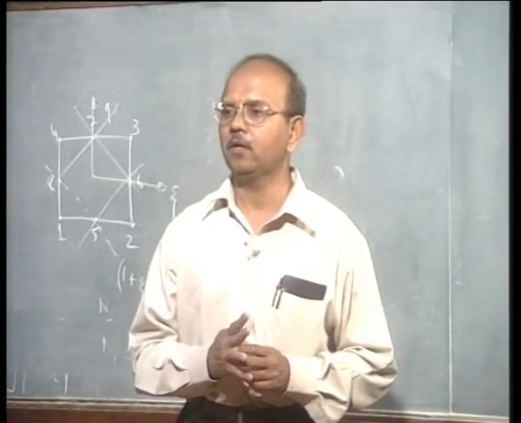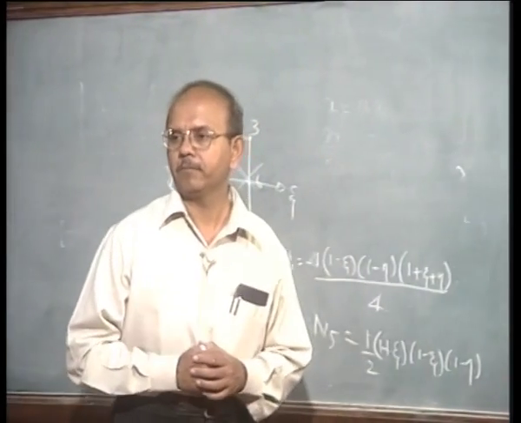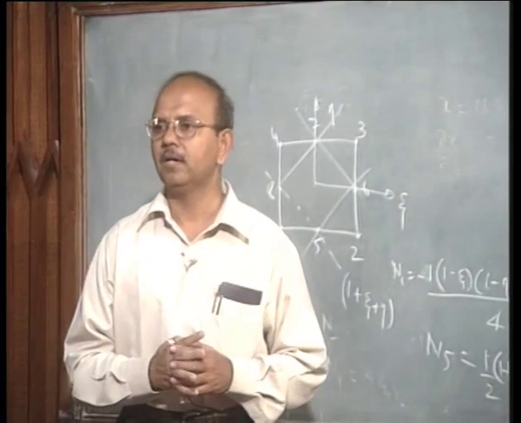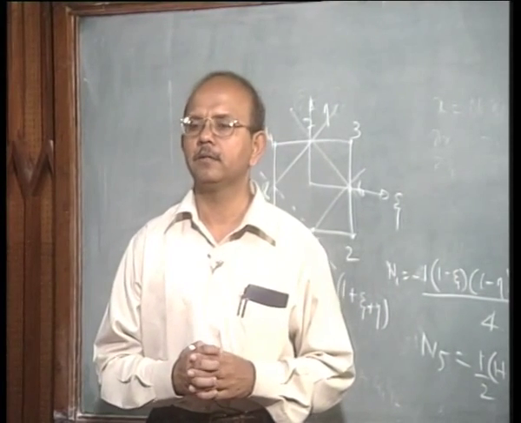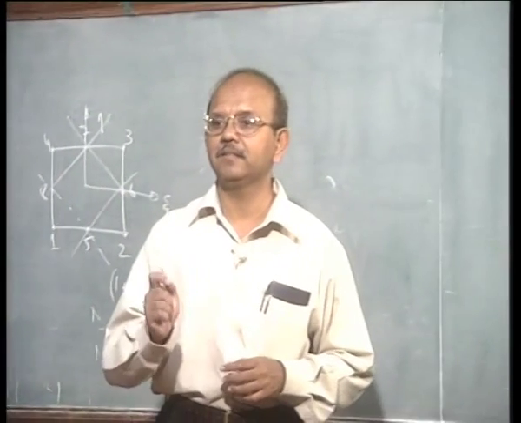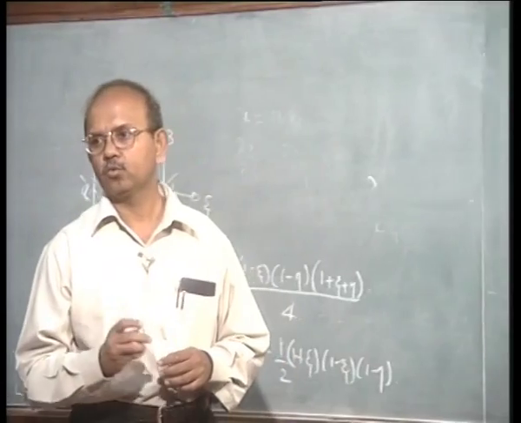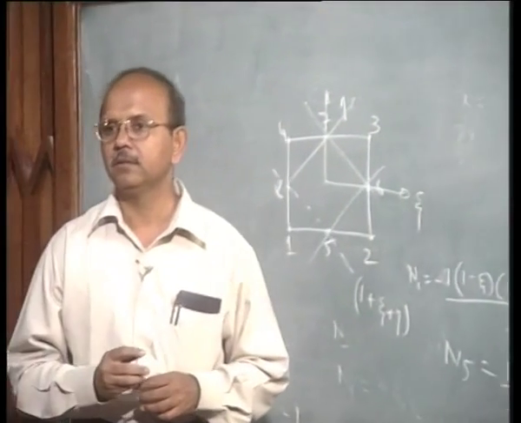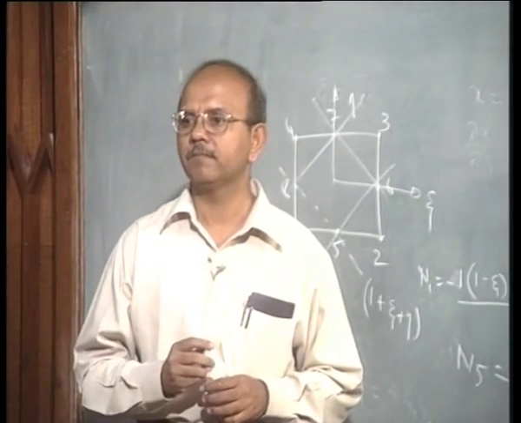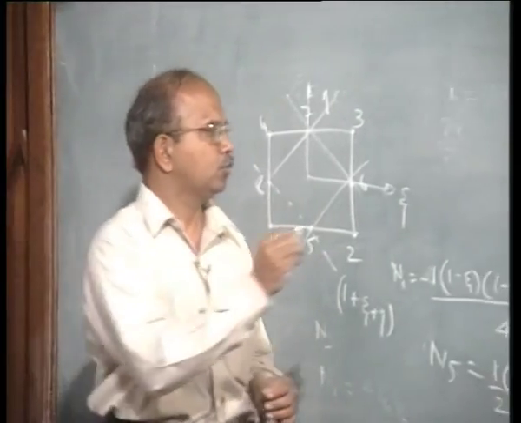We saw that, and also we said that this is a rule to integrate, say for example a polynomial, and it is possible to arrive at an exact integration rule. What is it? n integration points would integrate a polynomial of degree 2n minus 1.